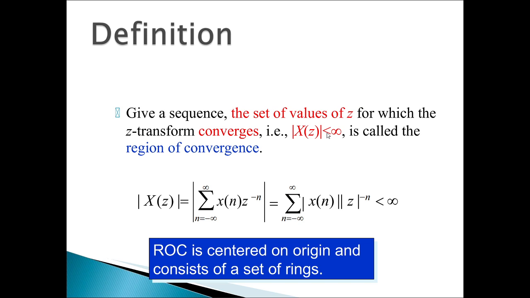Modulus of X(z) must be a finite value. In other words, we can say that the modulus of X(z) must be less than infinity, and this is called the region of convergence.